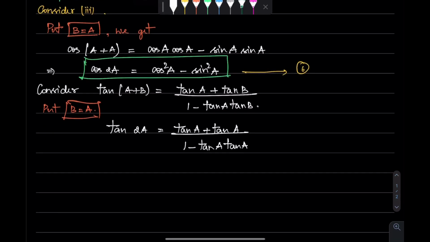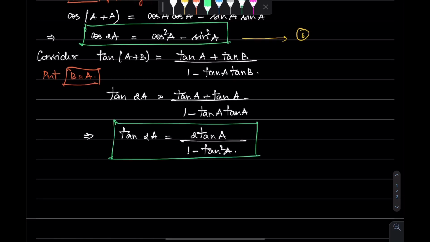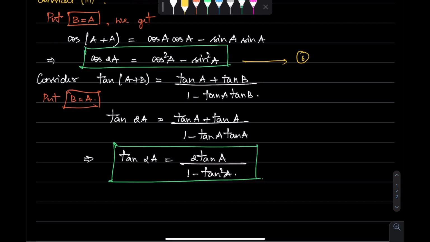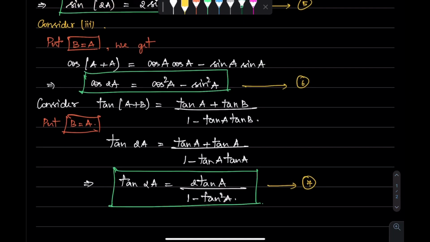So we get tan 2a as 2 tan a divided by 1 minus tan square a, children. So what we have got so far is the results for sine 2a, cos 2a and tan 2a, right? From this we are going to derive more results.